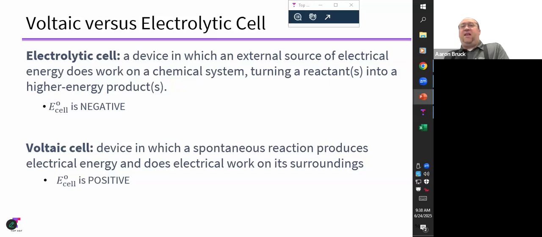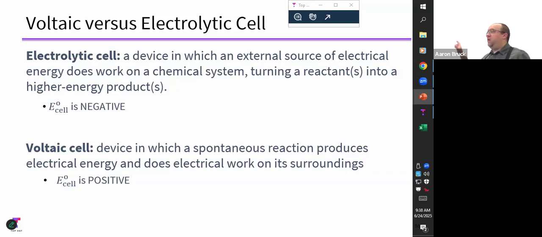What this means is that if this reaction were to run on its own, the E cell would be negative, non-spontaneous on its own. And the amount of voltage that we would have to apply would have to be greater than the E cell in order to get the electrons to flow in the opposite direction.